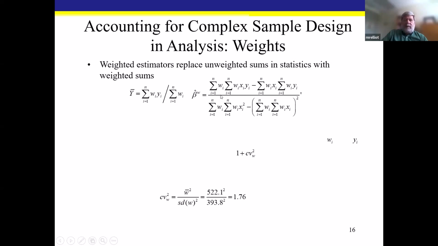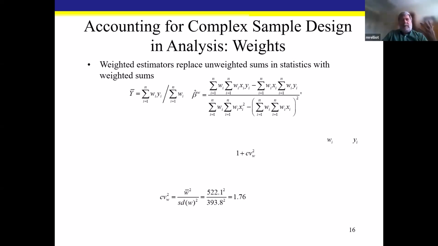So basically, if you turn all those into totals, you then just replace them with the weighted totals. So rather than just looking at the product of x and y, you look at the product of x, y, and w, multiply all three of those together and take their sum. So that's how you get a weighted estimator of the variance.